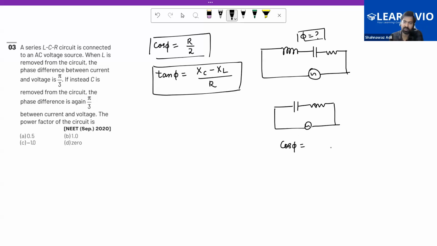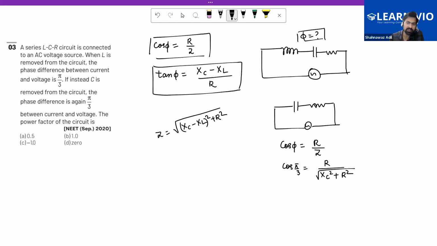So then what would be this cos phi? Cos phi is R by Z, and Z is the square root of (XC minus XL) squared plus R squared.